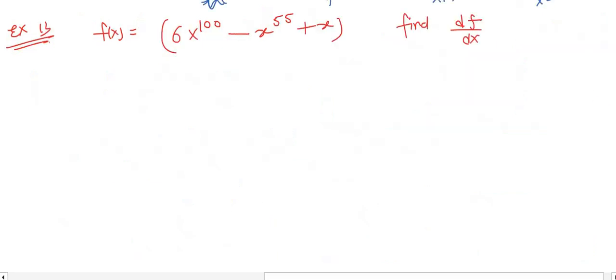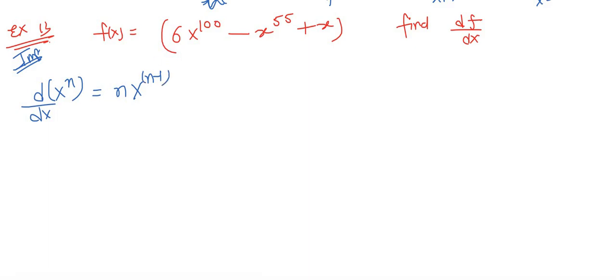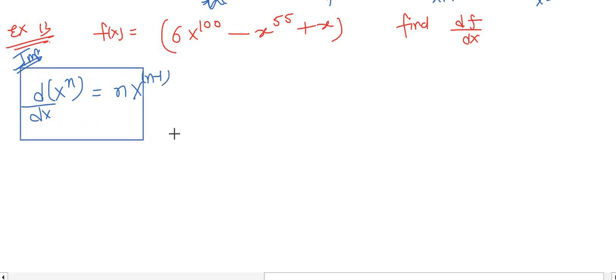So this is the example which is very important. Write down. This is an important question. Now we need to solve it by using a formula. The first formula that you have to learn is that the derivative of x raised to power n is n times x raised to power n minus 1, because we cannot be doing first principle all the time.